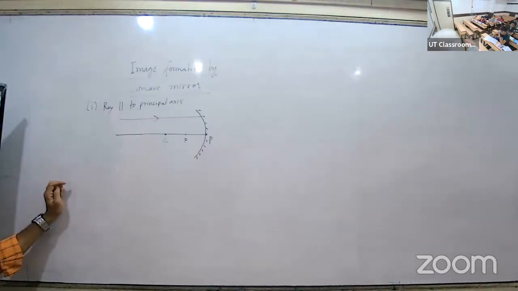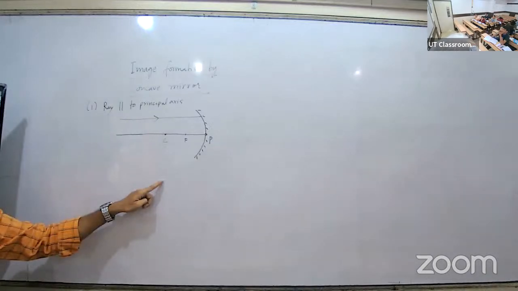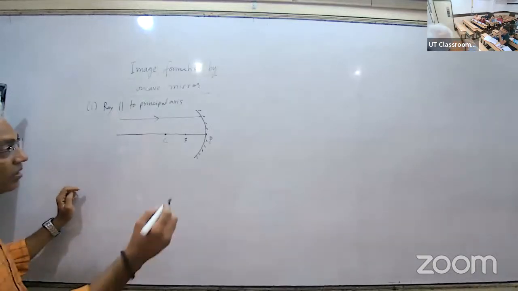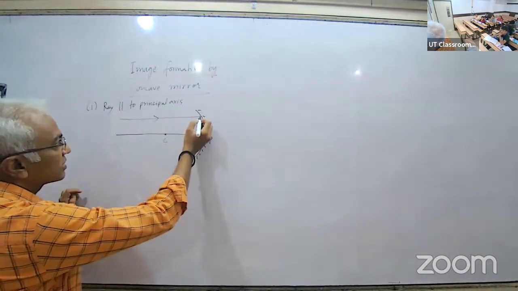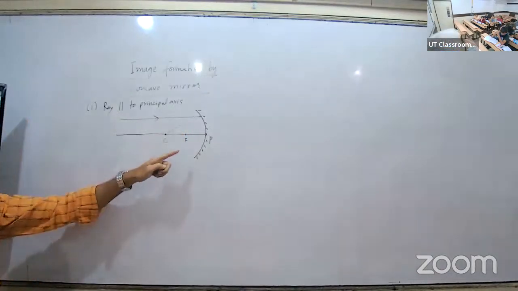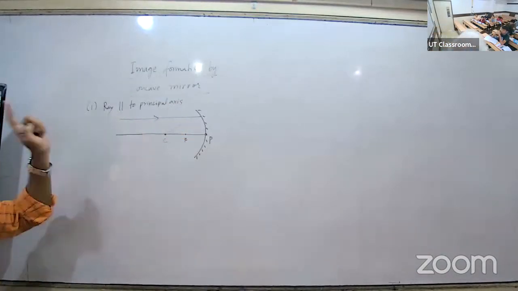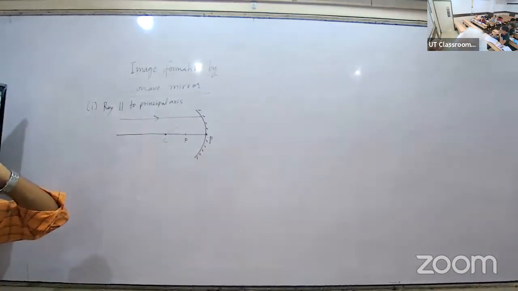So, how to draw reflected ray? We need a normal. So, what is the normal? What is the normal on the curved surface? Yes, radius. I mean, I gave you that, right? The radius of curvature is this line. The normal to the curved surface is always radius of curvature. From that point to C, that is the normal.